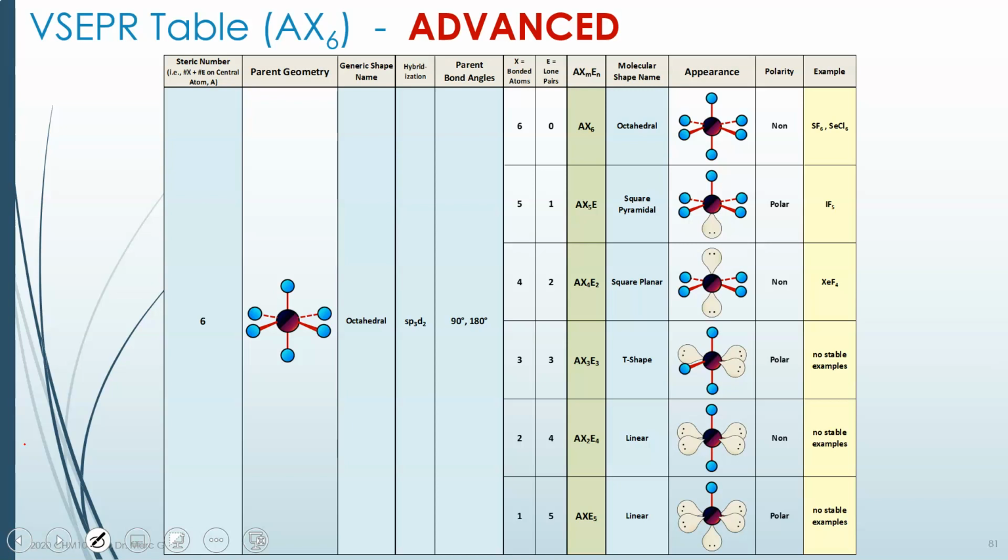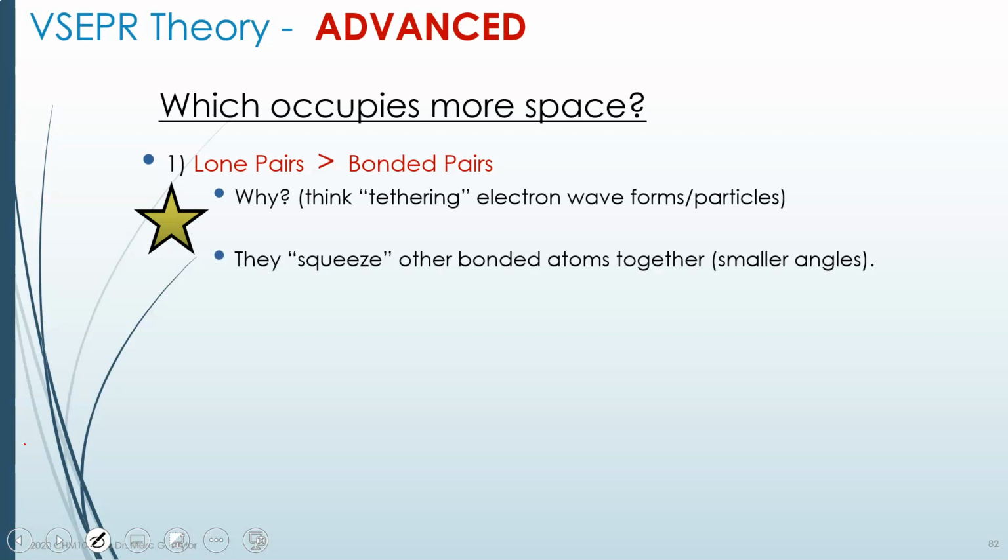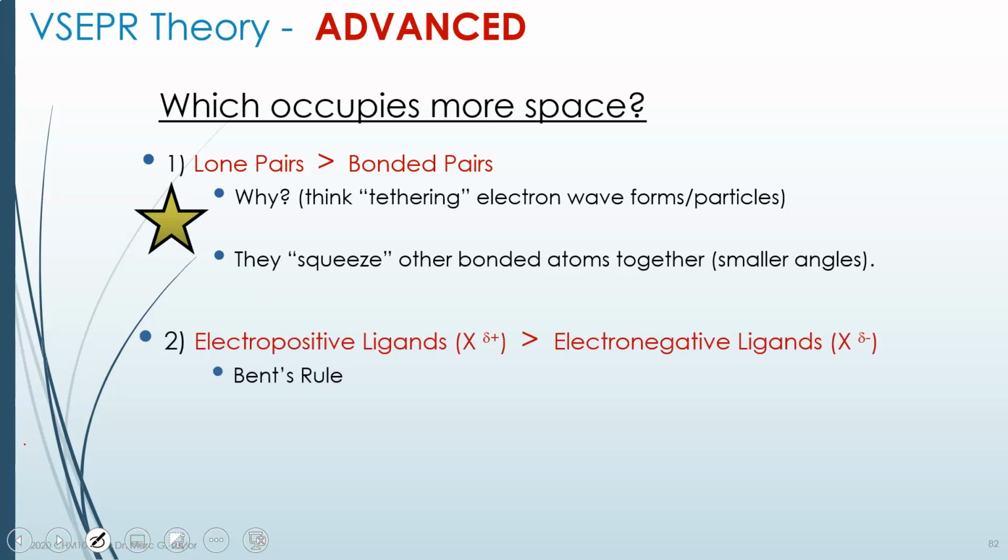The really big metals, they use completely different rules. And here are some advanced rules. You are not responsible for any of them. As I mentioned, lone pairs are somewhat bigger than bonded pairs. They're not tethered in place by another bonded atom, so they kind of flop around and take up more space.